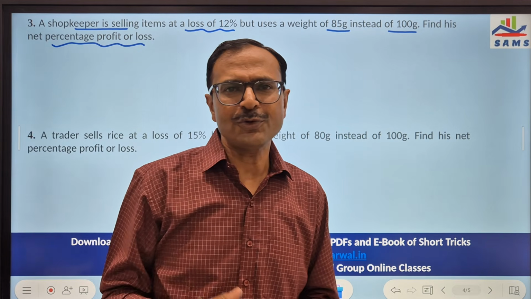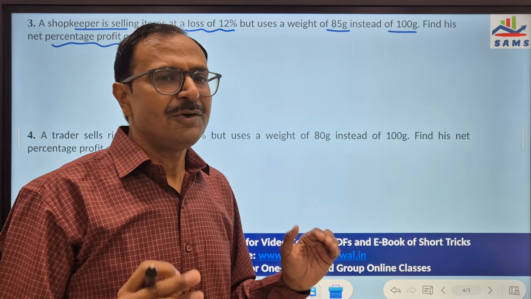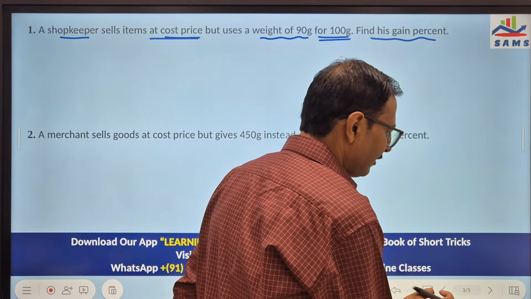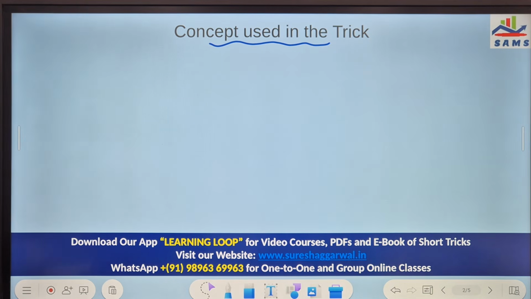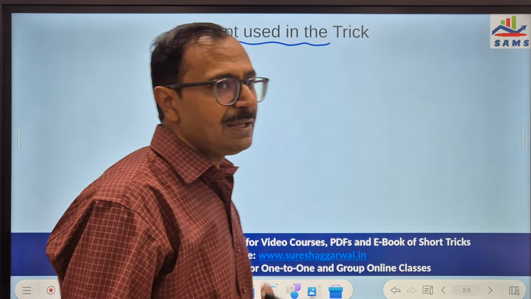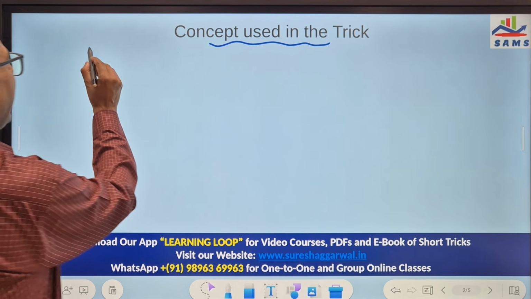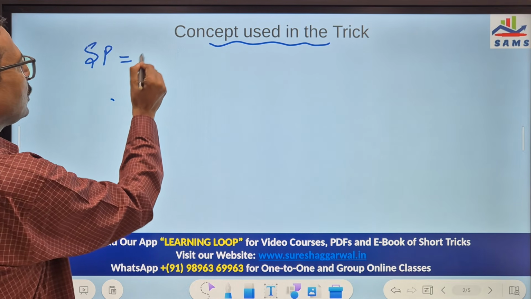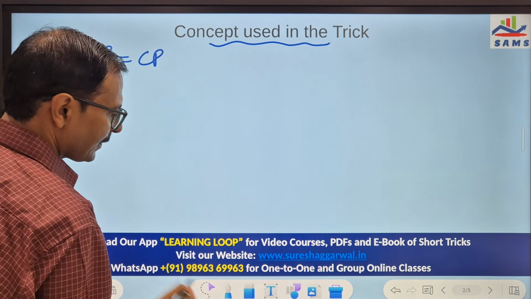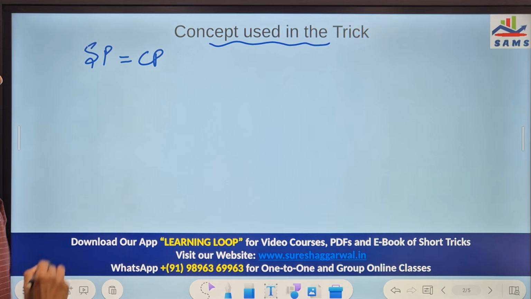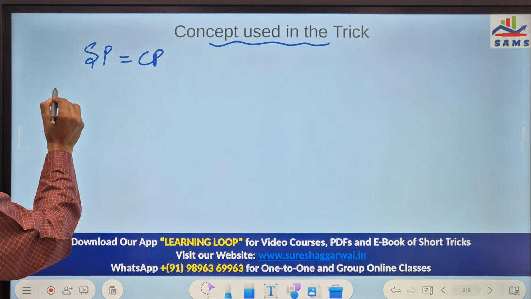These two types of questions can be cracked very comfortably, and I will write the short trick here for the first type. For the first type, he is selling at equal to cost price. That means the selling price and the cost price are the same. What happens when SP and CP are the same? He is still earning some profit, right?